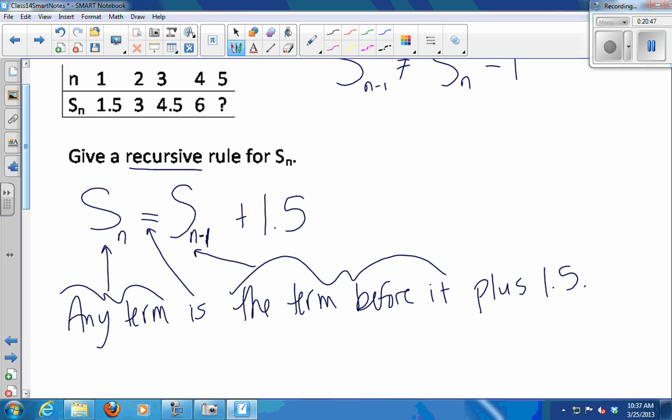So the important notation is that S sub n or A sub n or B sub n, whatever your sequence is named, that's how you represent any given term. And the term right before it will be S sub n minus 1. What would the term 2 before it be?